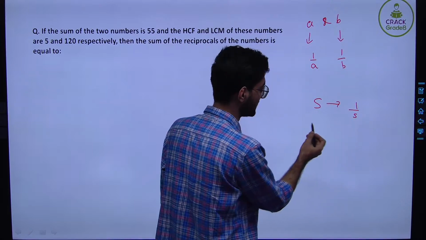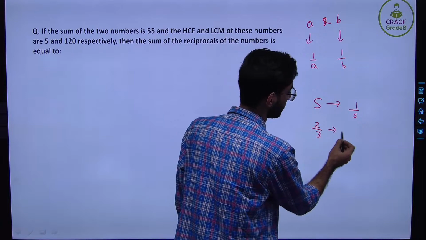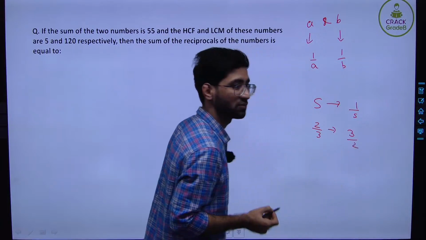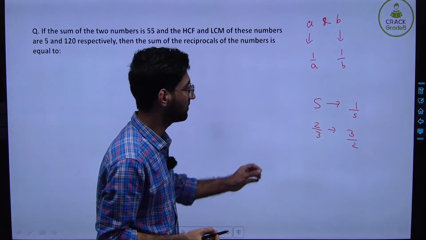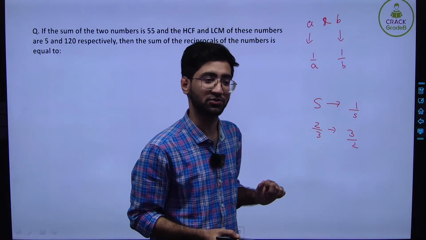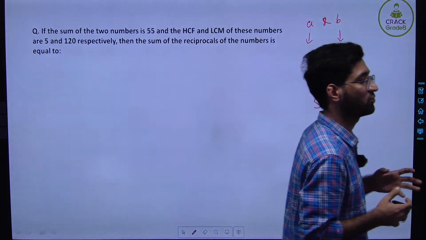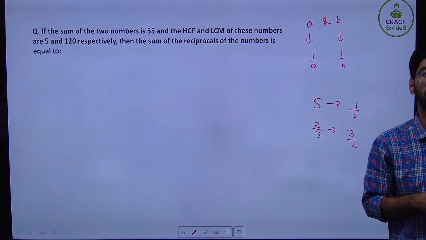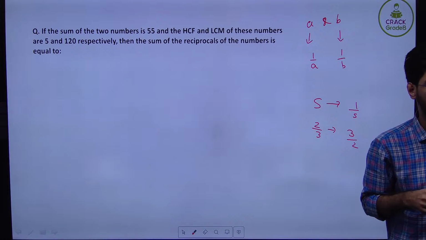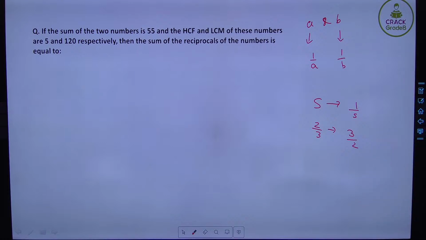Are you able to get this? What is the reciprocal of 2 by 3? Simple, 3 by 2. Don't worry. Try to think harder for 2 to 3 minutes. Then only you will be able to learn why we couldn't solve this question.